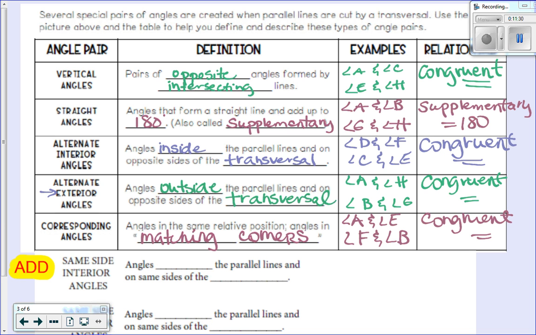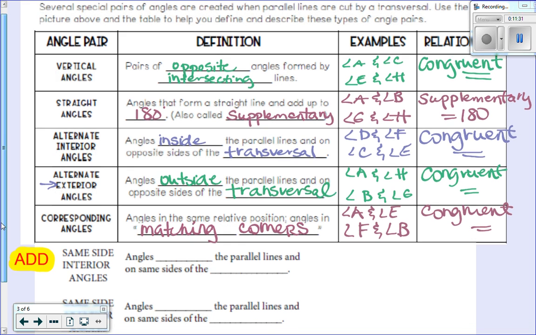All right, so right below, we're going to add two more vocabulary words. The first one I want you to add is same side interior angles. Go ahead and add that to your notes. So just write same side interior, and if you could write down that definition there. Same side interior angles.